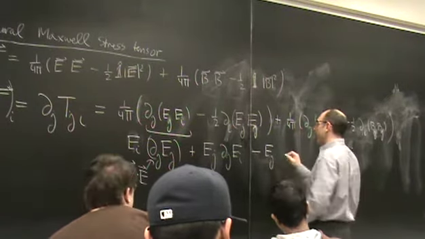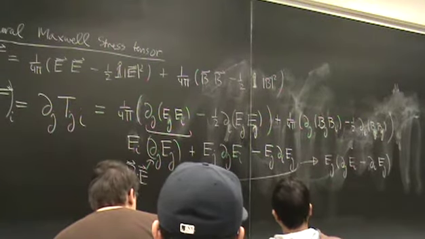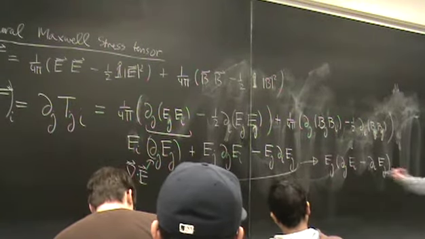So what we have here is equal to E_j times (d_j E_i minus d_i E_j), which is epsilon_jik, the kth component of the curl of E. This was 0 in the static case, but now it's not 0.